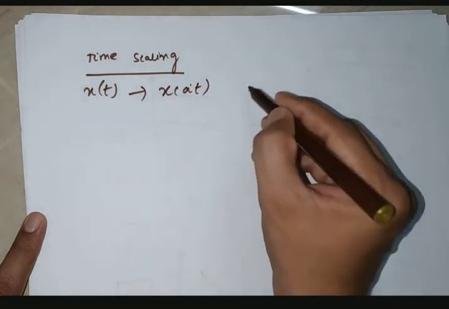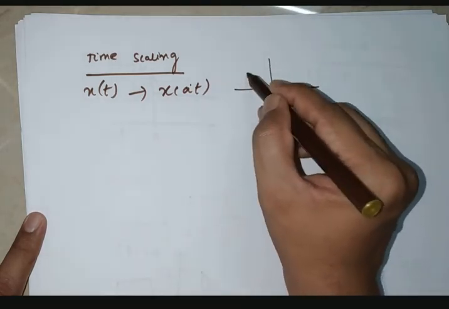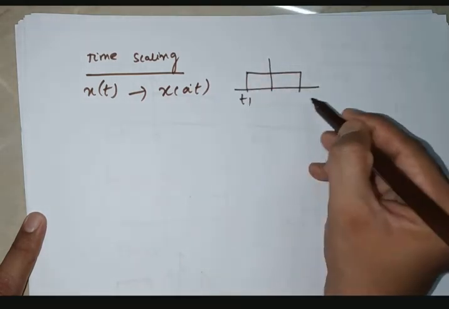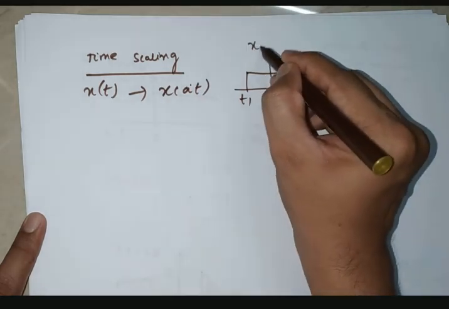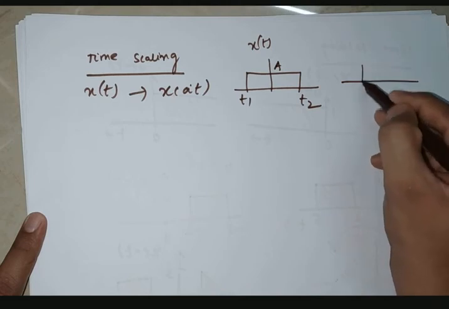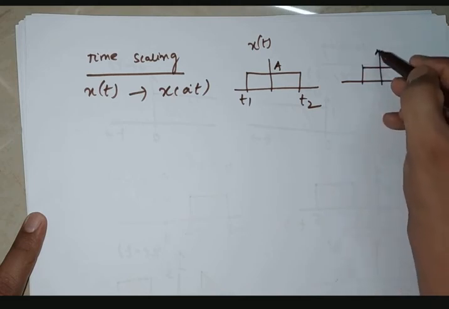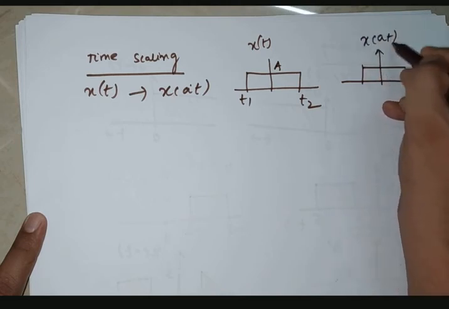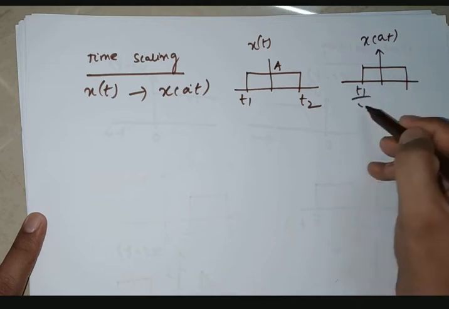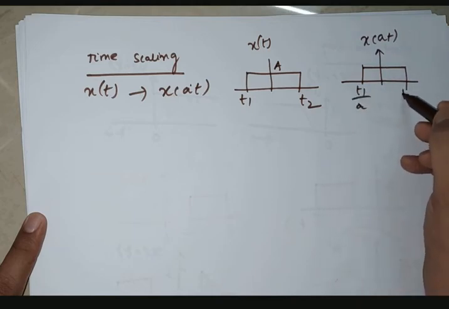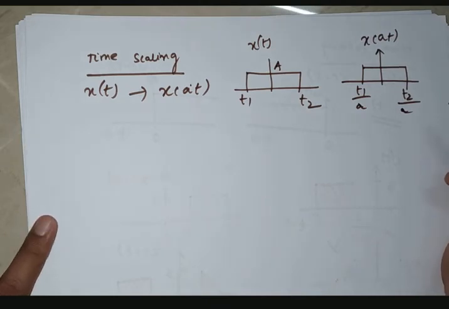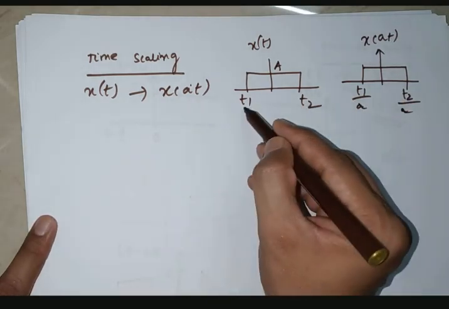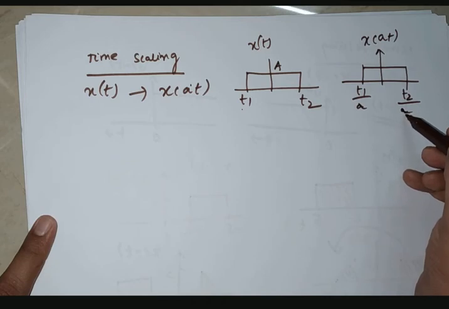If x of t is like this, with t1, t2 and some amplitude, then x of at means simply divide the time limits, t1, t2, by the scaling parameter a.